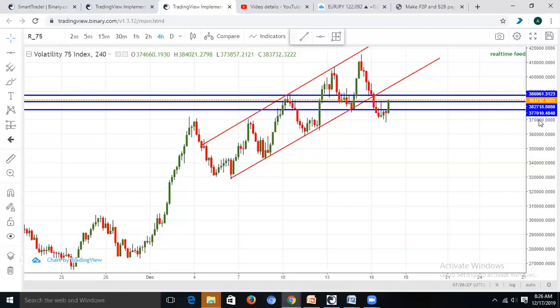This chart looks like an uptrend that is going to be coming down, an uptrend that is doing a retest.